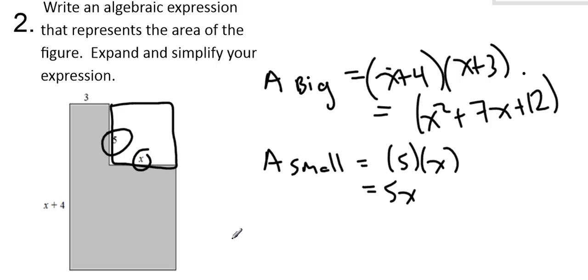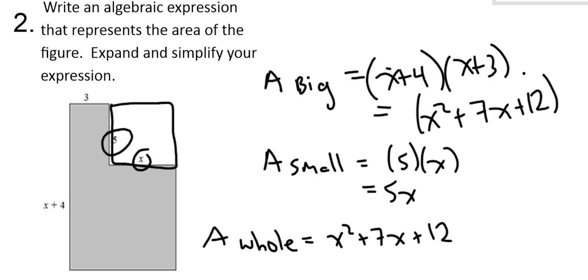So take the big shape, subtract the small shape. The area of the whole figure that we're looking at is x squared plus 7x plus 12, the big rectangle, minus the small rectangle, and that gives us x squared plus 2x plus 12.